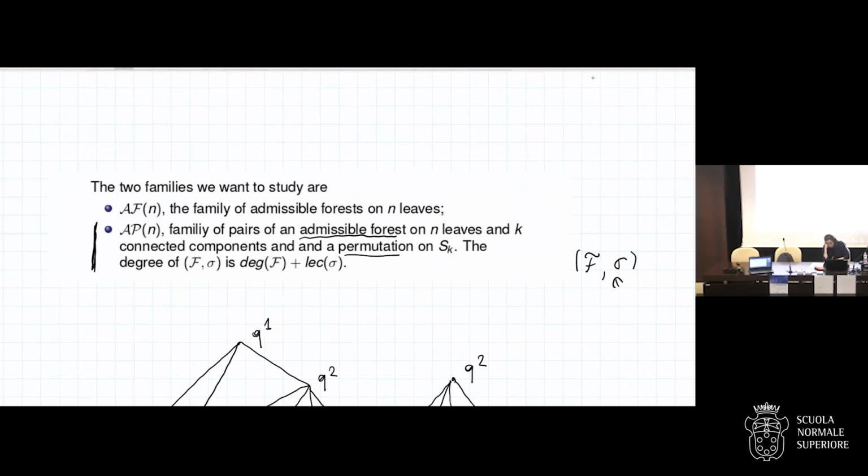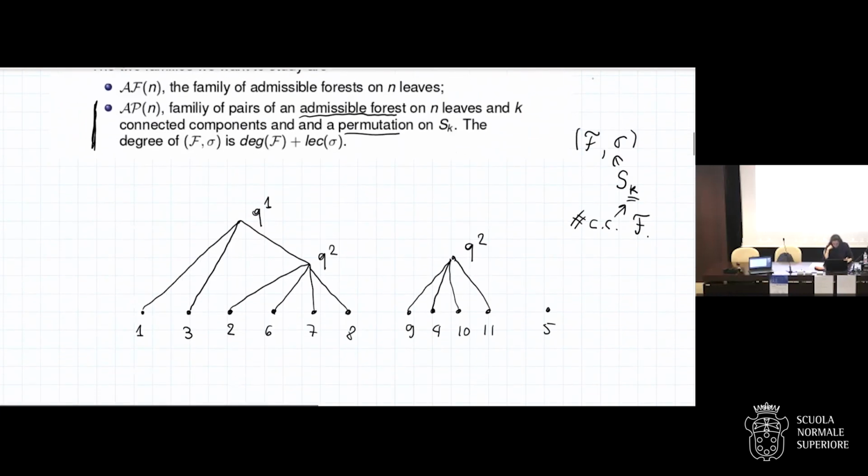And this permutation is an element of S_k, meaning just the group of permutations of k elements. And this k is the number of connected components of the forest f.